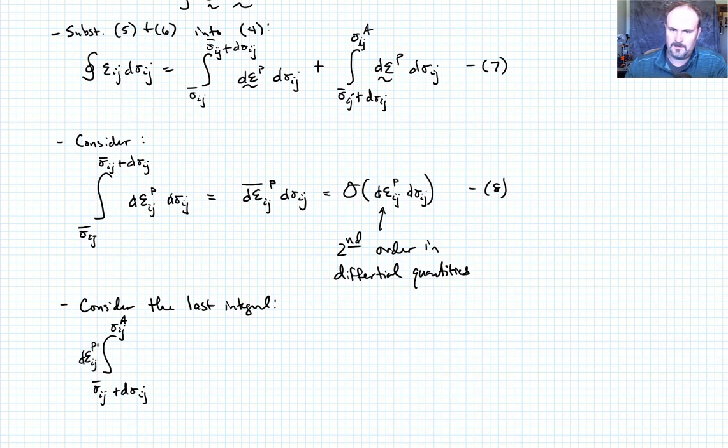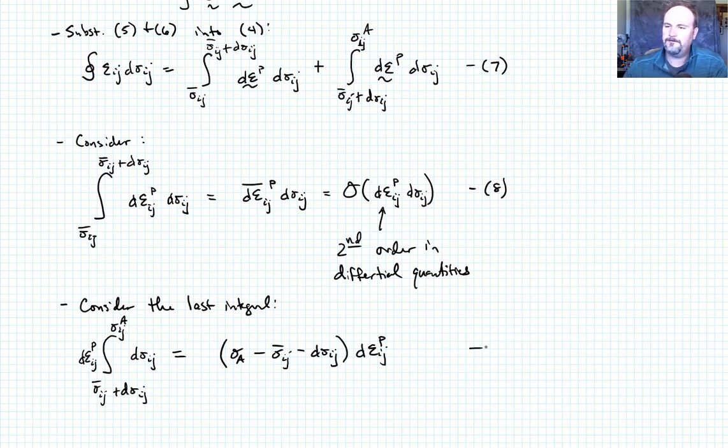It's just d epsilon ij p times d sigma ij, which we can write as sigma a minus sigma ij bar minus d sigma ij, that quantity times d epsilon ij p. Call that equation 9.